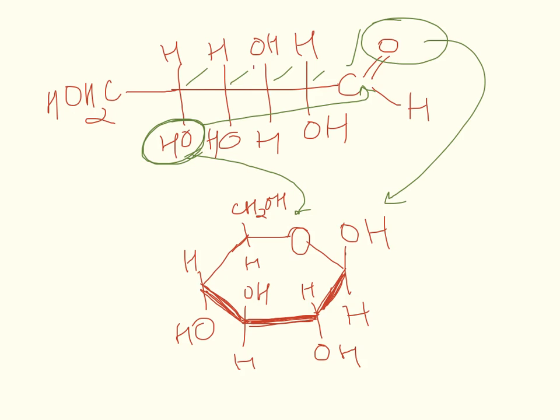So this OH can go above the plane to form a beta form, or it can go below the plane to form the alpha.